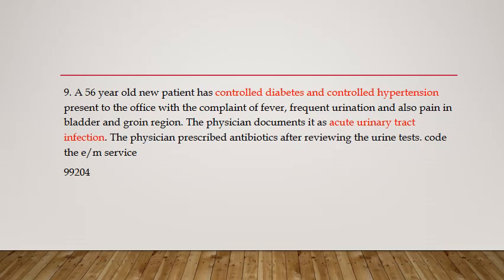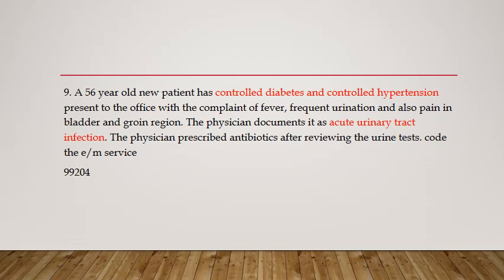Then it is given that the physician has reviewed the urine tests, but it is not mentioned how many tests were reviewed. So with just one point, it cannot be categorized into low or moderate in the data table. Now go to the next one, the risk table. What treatment management option has the physician taken?